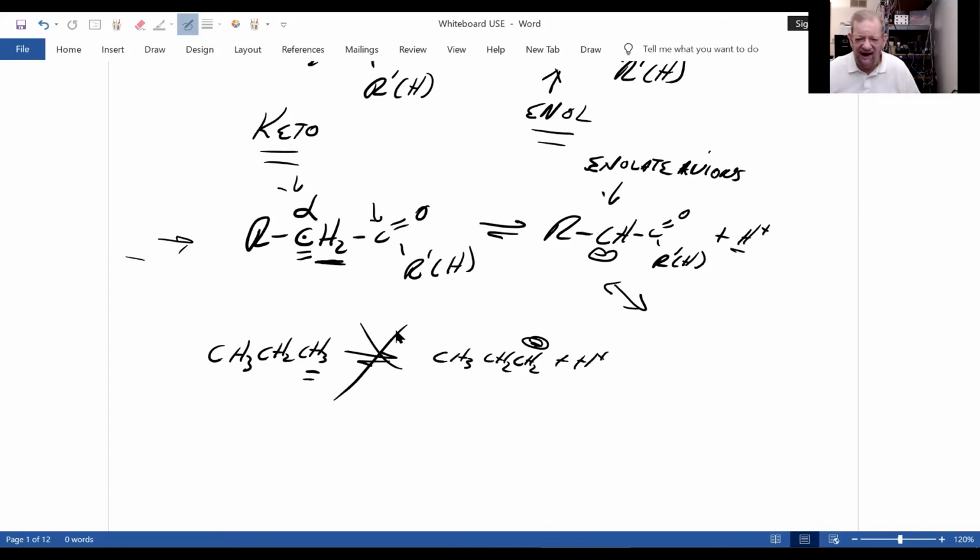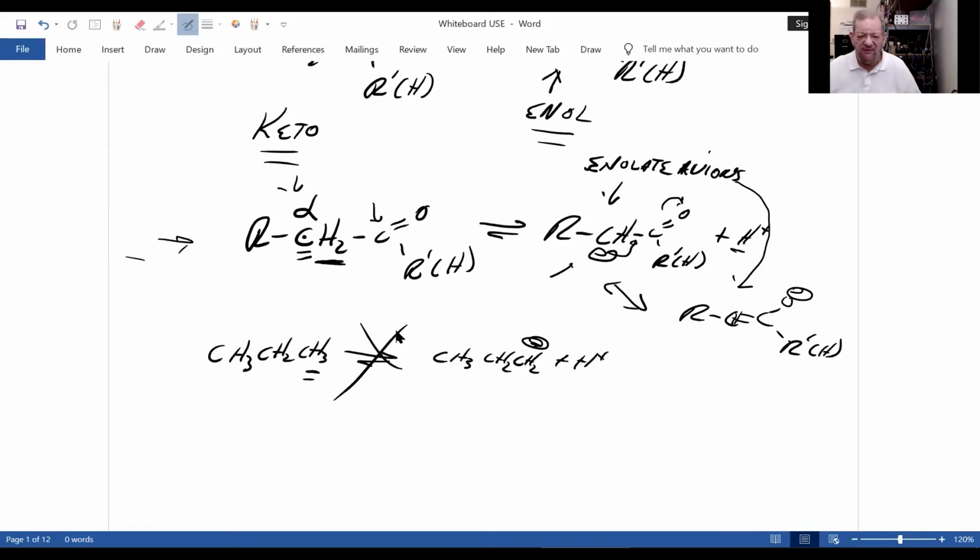The enolate anion, I can move the electrons there. And form these two resonance forms. And these are both the enolate anion resonance forms. And when you can draw resonance forms of something, you make it more stable.